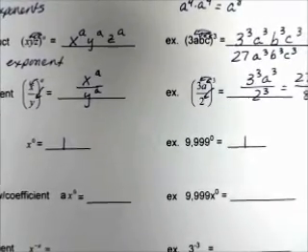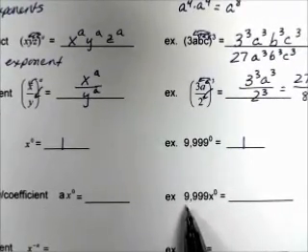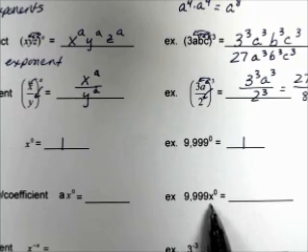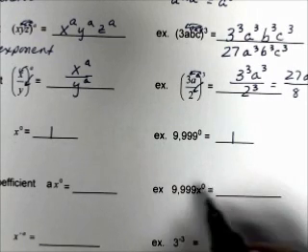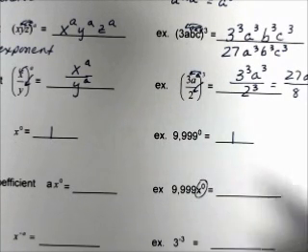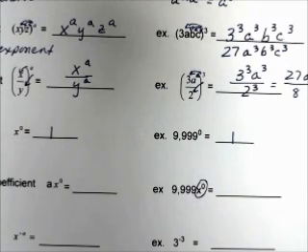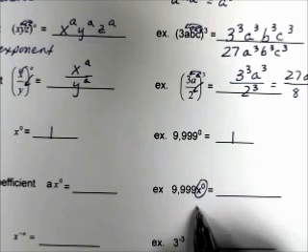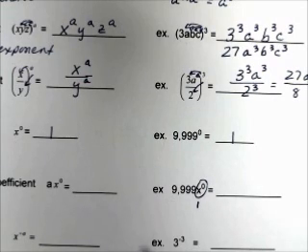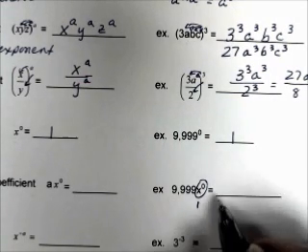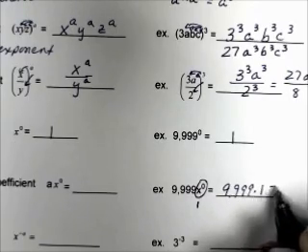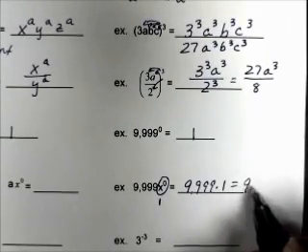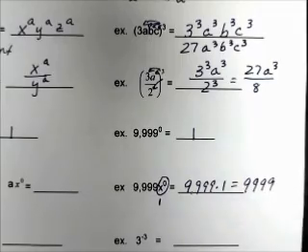Our next example, we have 9,999 times x to the 0. Now the only thing that has an exponent of 0 is the x. The 9,999 is just the coefficient of x. So x to the 0 is 1, but then 1 times 9,999 is going to be 9,999.